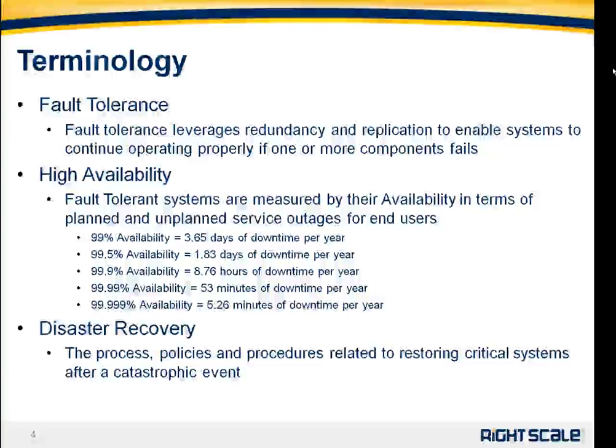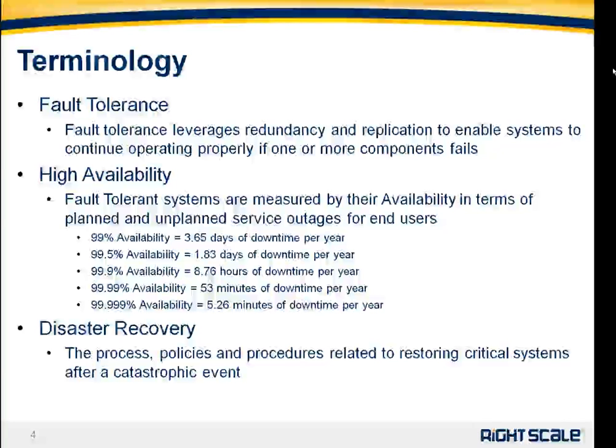HA, or high availability, refers to uptime, essentially. Fault-tolerant systems are measured by their availability, how they continue to operate in terms of planned and unplanned service outages. So this is where the famous 5 nines of availability come from. That's the last bullet there, 99.999% availability.